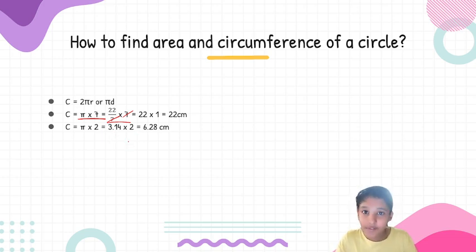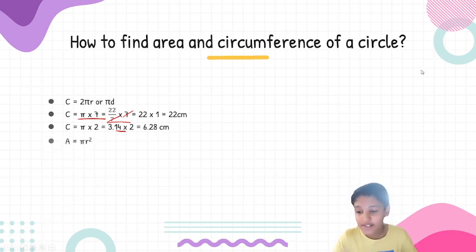So 314 times 2 is 628. Now that's not our final answer. We're going to have to add the decimal in the same exact position in the answer. Here we can see there are two digits after the decimal. So in the final answer, the decimal will also have 2 digits after it. So our answer will be 6.28 centimeters.